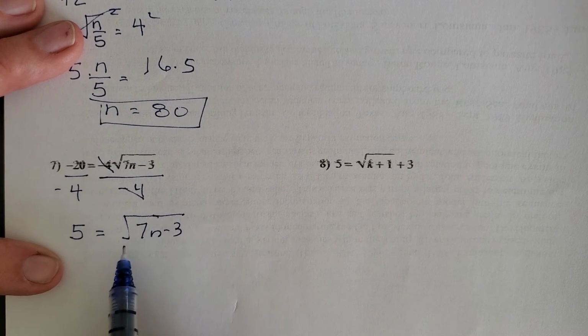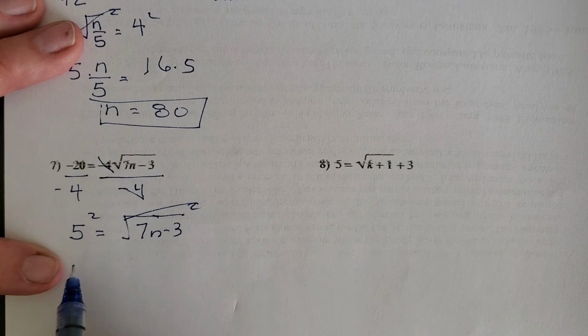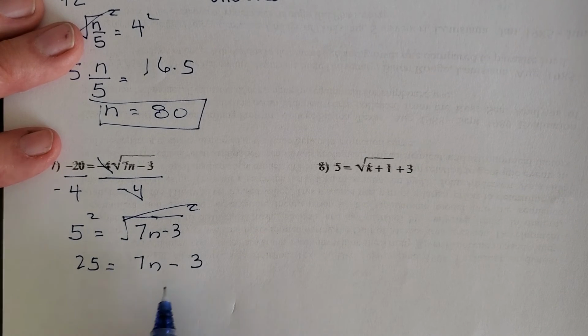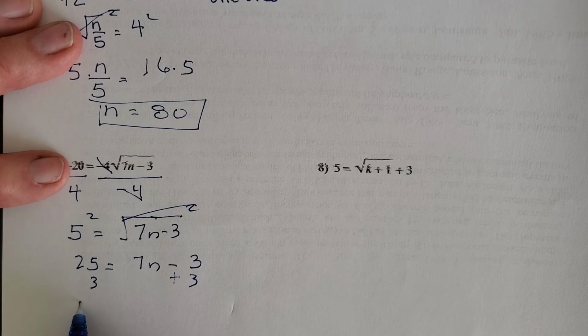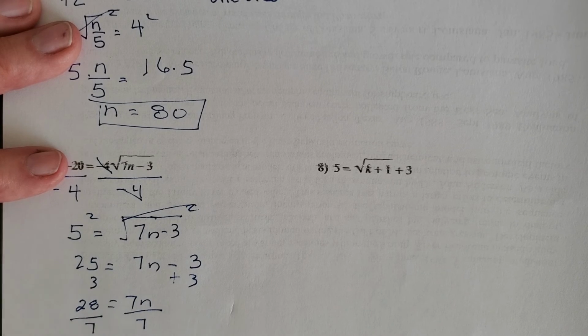The radical square root is by itself, so we're going to square both sides. So we have 25 equals 7n minus 3, and then we'll solve. Add a 3 to both sides, so we get 28 equals 7 times n. N is multiplied by 7. We divide by 7 and get n equals 4.